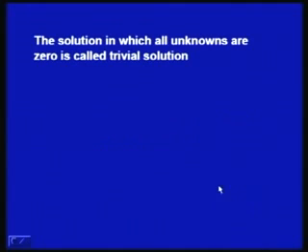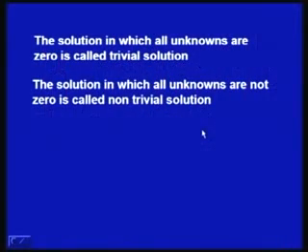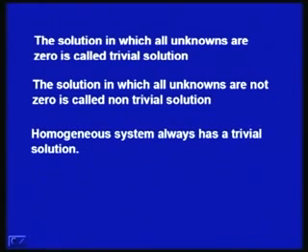The solution in which all unknowns are 0 is called the trivial solution. So a homogeneous system will always have a trivial solution. That is why it is consistent. And the solution in which all unknowns are not 0, some of them may be 0, but at least one may be non-zero, then that solution is called a non-trivial solution. So a homogeneous system always has a trivial solution.